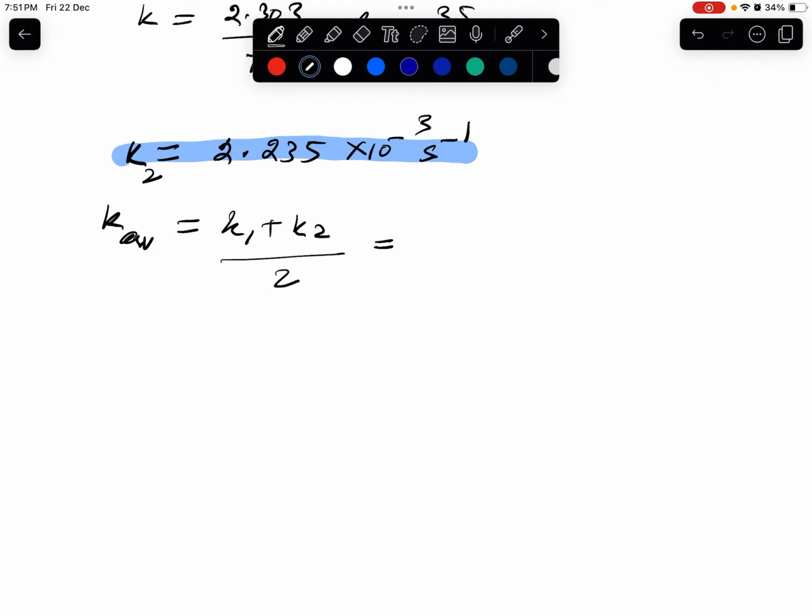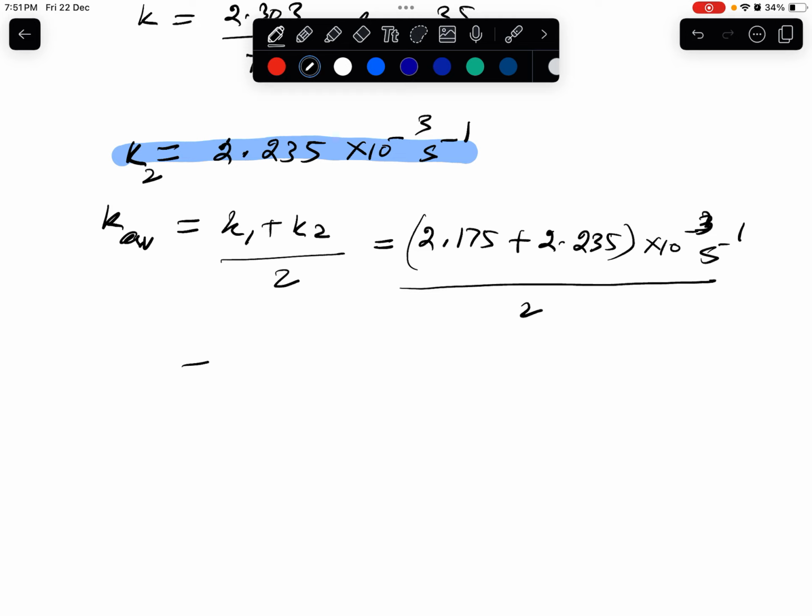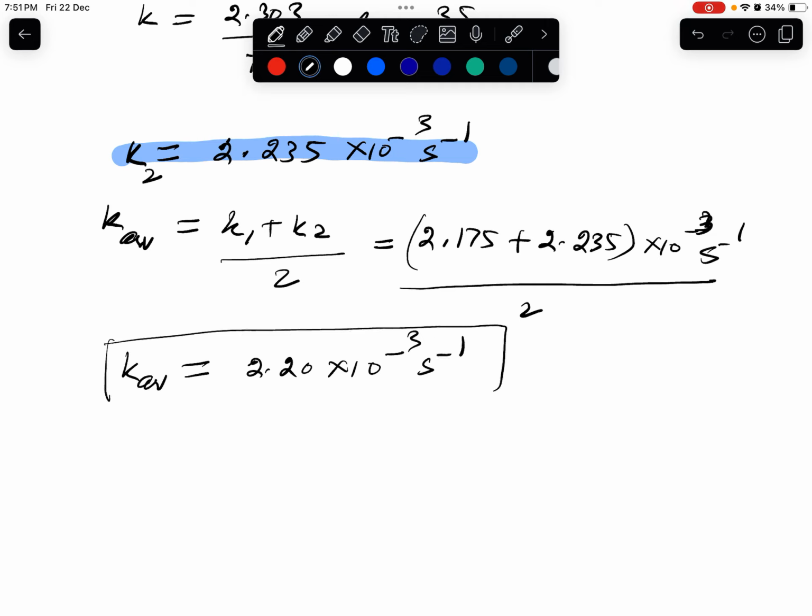K1 is the one calculated from the first observation, and K2 is this one. So it will be the first value, 2.175 plus 2.235 into 10 raised to the power minus 3 per second, divided by 2. So the value that we are getting here is 2.20 into 10 raised to the power minus 3 per second. This is the value of the rate constant, and this is our answer. Okay, this is all for today.